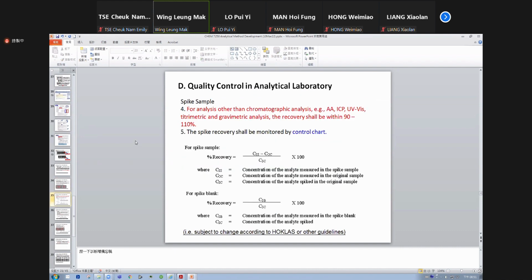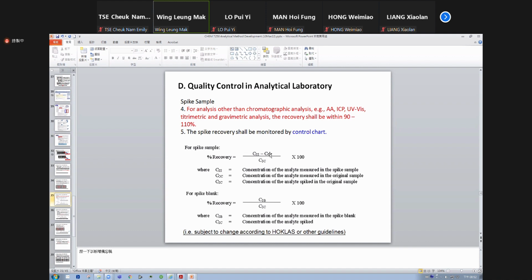When we calculate the spike sample recovery, you spike the sample with a known concentration minus the original sample. If the original sample target analyte is 0, it will be easy. Okay. By your calculation, you know I add 100 ppm into it.